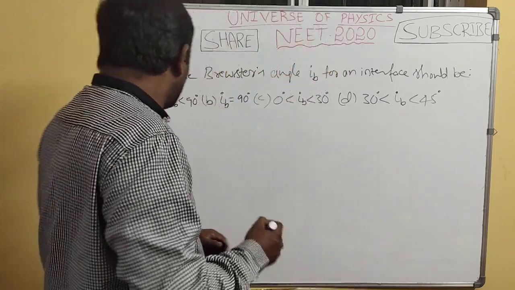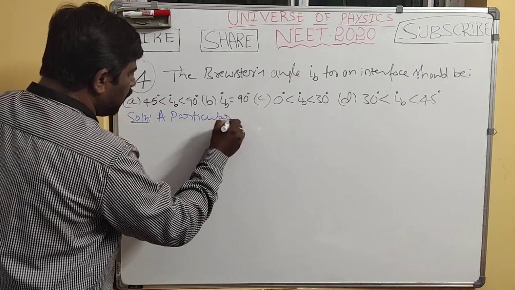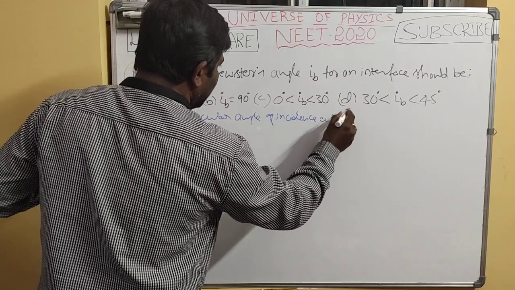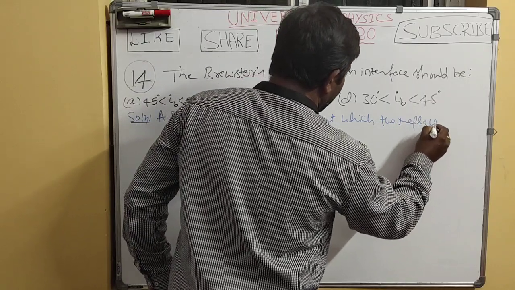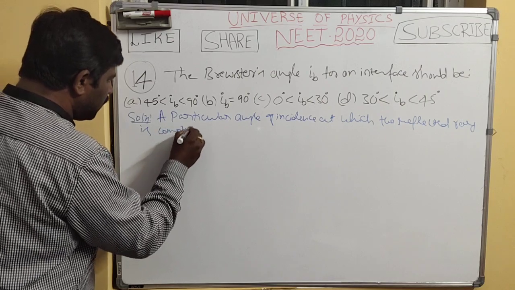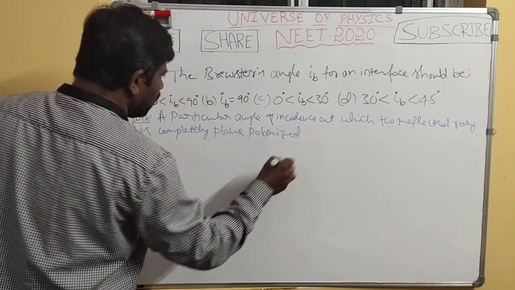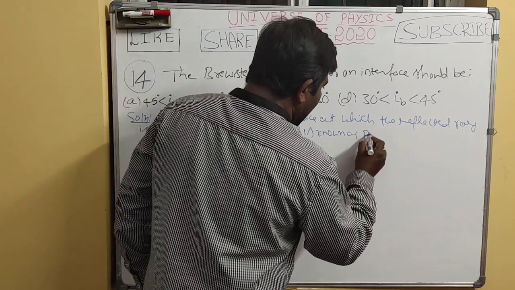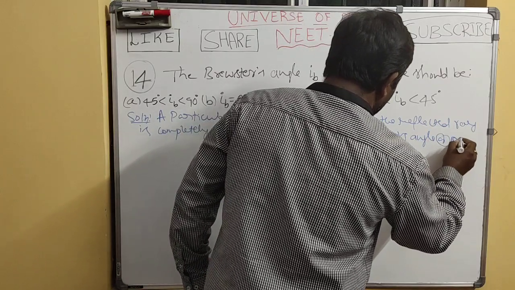We know that a particular angle of incidence at which the reflected ray is completely plane polarized is known as polarizing angle or Brewster's angle.